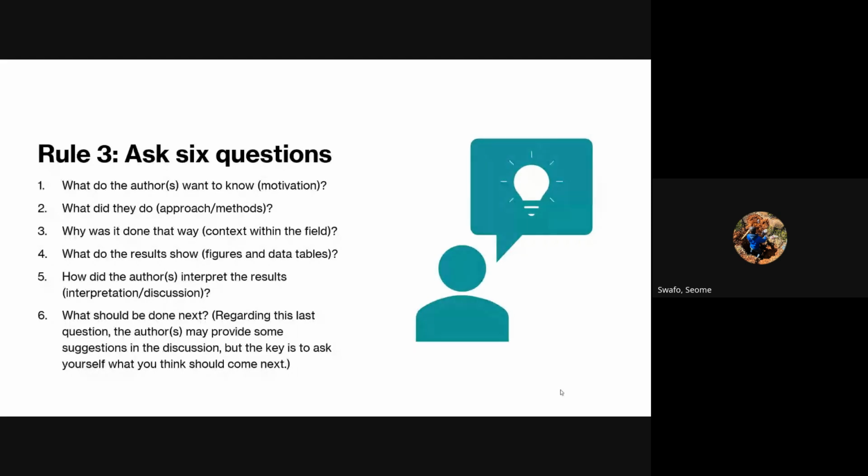So you ask yourself, after I've read this article, what should be done next? Is there something missing? What is the way forward now? If I wanted to build on this type of work, where should I go?